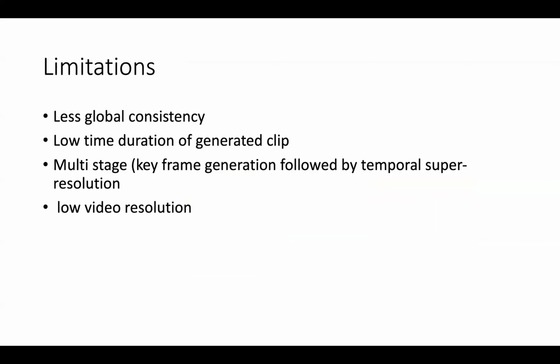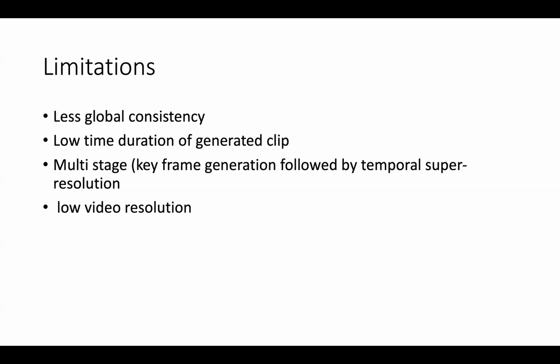So what are the limitations? There is very little global consistency, because we are predicting the 0th frame, 5th frame, 10th frame, 15th frame, and during training we do not see the complete video, only these frames. So there is very little global consistency, and the length of the generated clip is very short, hardly 80 frames. Also this is not a single stage network.